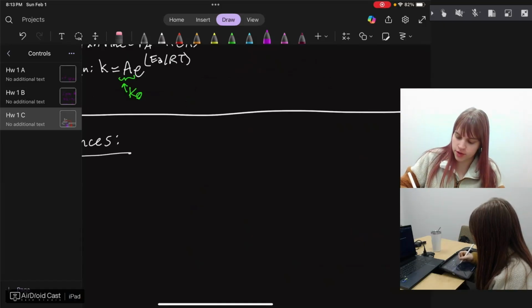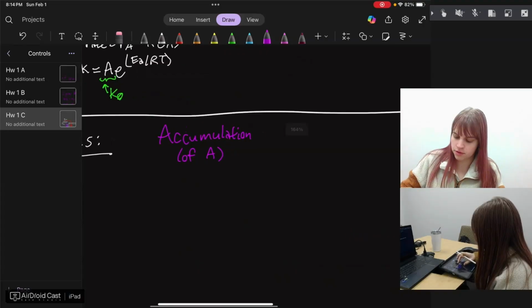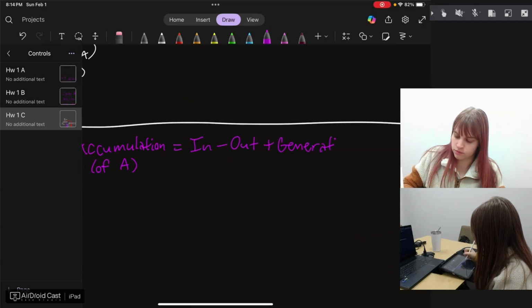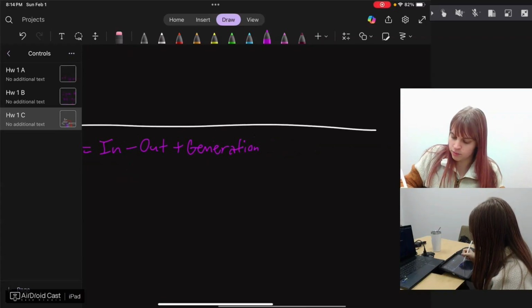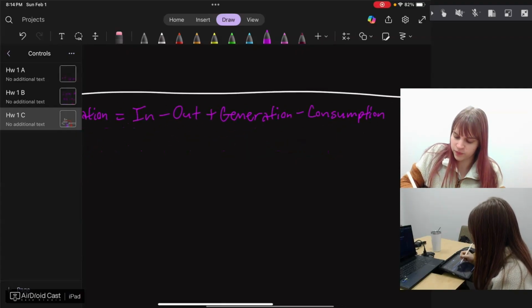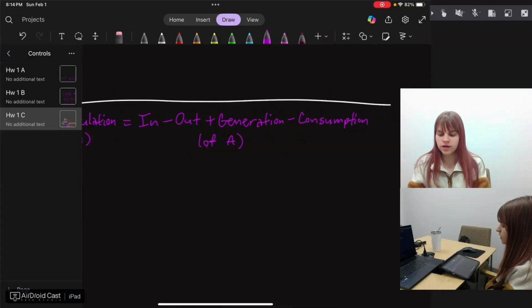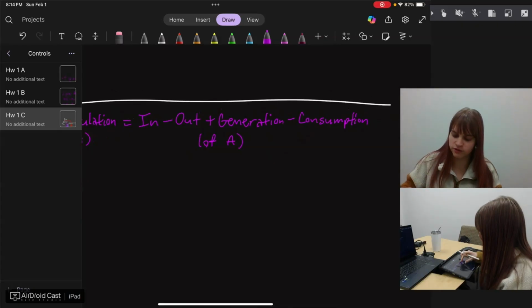Our general equation is that the accumulation of A equals in minus out plus generation minus consumption, and this would all be of A, because we are focusing on component A.